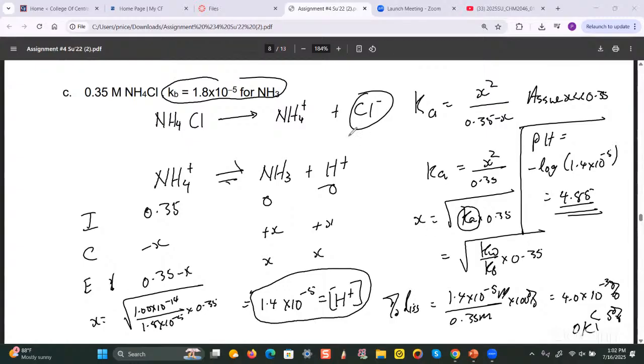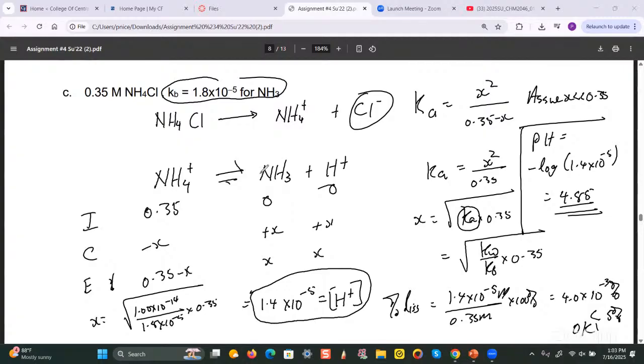So NH4, that's the NH4 plus. You're talking about this here, right? The NH4Cl. Oh, up here, okay. The NH4 plus would be from a weak base, right? The NH4 plus is the conjugate acid of the weak base, which is ammonia. So that is what undergoes dissociation here to form the conjugate base, which is weak.